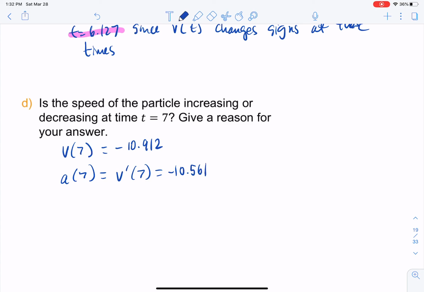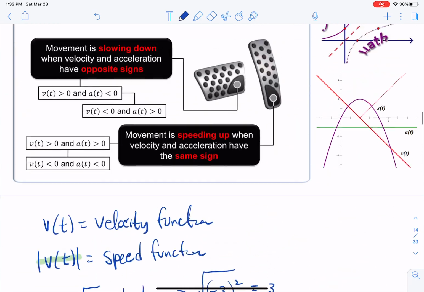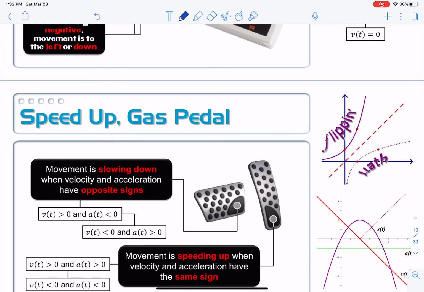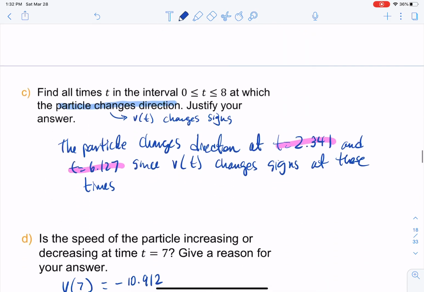All right, so notice that they both have the same signs. Since they both have the same signs, right up here, we're hitting the gas pedal, right? They're both negative, so it's speeding up.